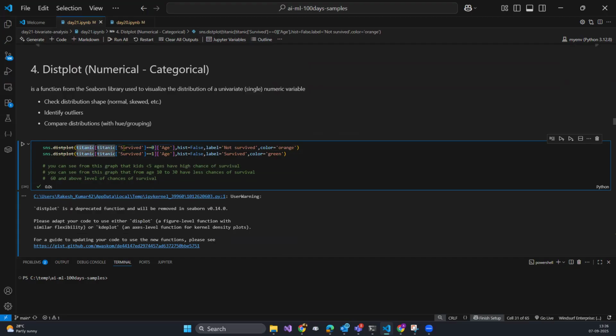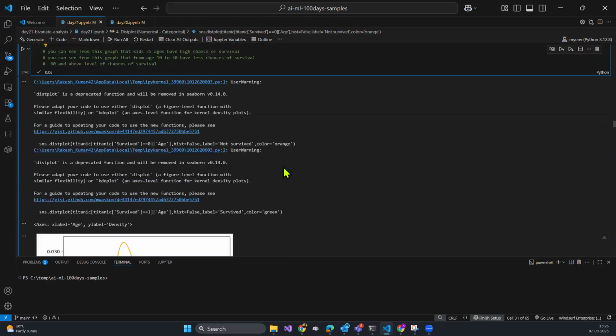Okay, so we are extracting from Titanic dataset who got survived, not survived, and their age. So we are getting all the not survived ages, and then we are getting who survived and the distribution against age, right?